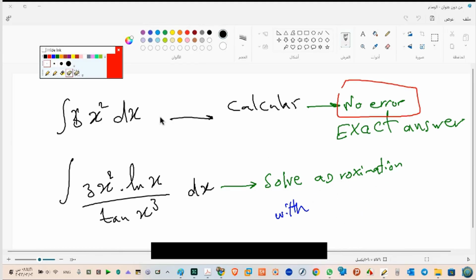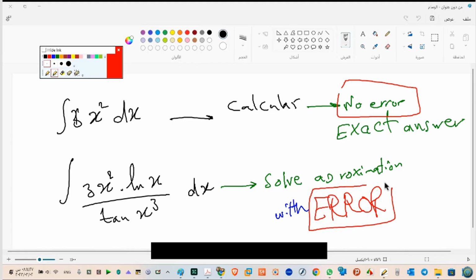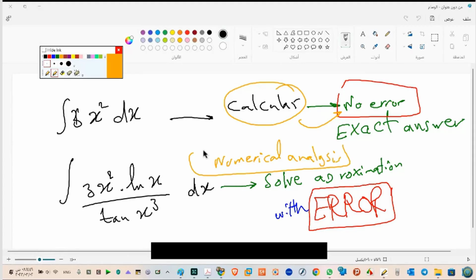Here we have error. So the difference between calculus and numerical analysis: in calculus I will solve without error. In numerical analysis I will solve with error.